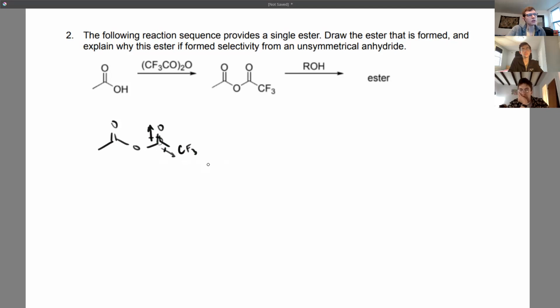Yeah, so I would agree. The inductive effect makes the carbonyl carbon more electrophilic. Yeah, I think it should. Yeah, I would expect this. That kind of makes sense.